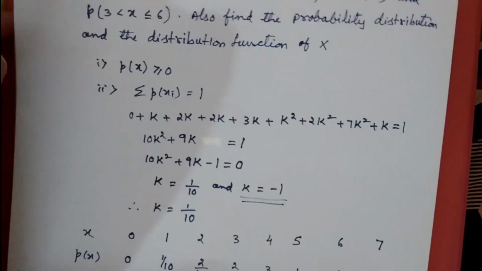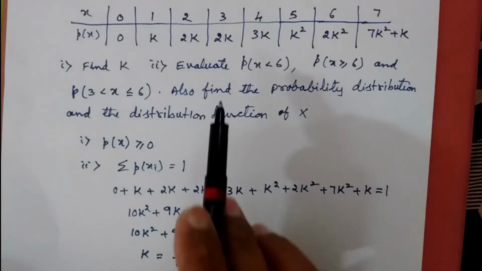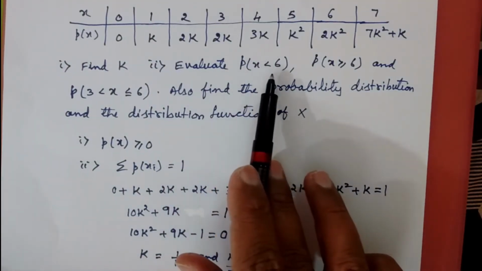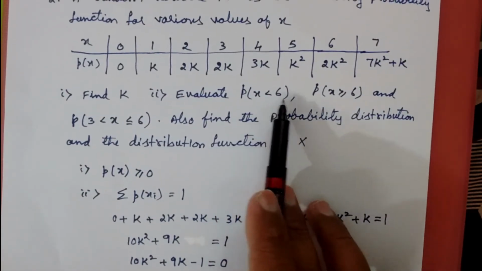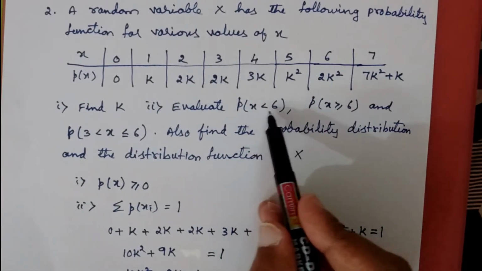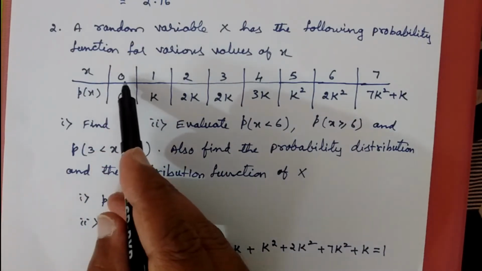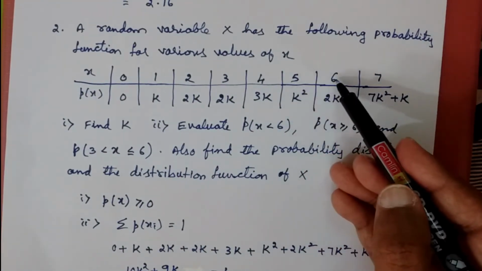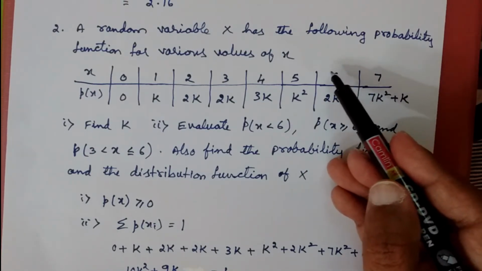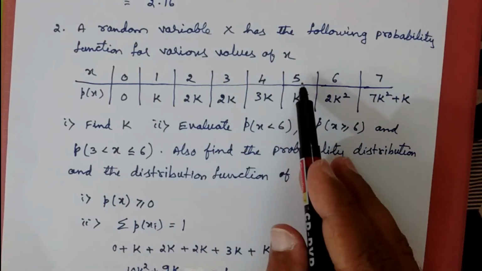Now we'll try to evaluate this value. Evaluate the probability when the value of x is less than 6. So x less than 6 means you have to take all the values of x less than 6. These are the values of x: 0, 1, 2, 3, 4, up to 5 you can take, because it is less than 6, so 6 cannot be included. So you have to take the values from 0 to 5.